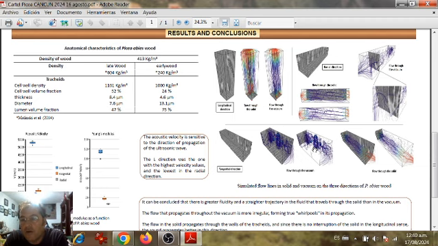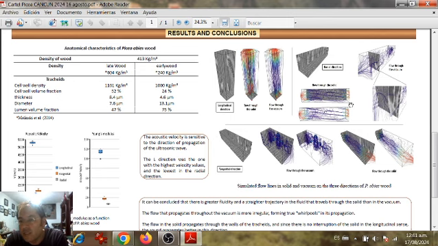In the other case, we observe that the velocity is higher when we are in the longitudinal direction. The red color shows the higher velocity, and the blue is the lowest velocity for all samples.